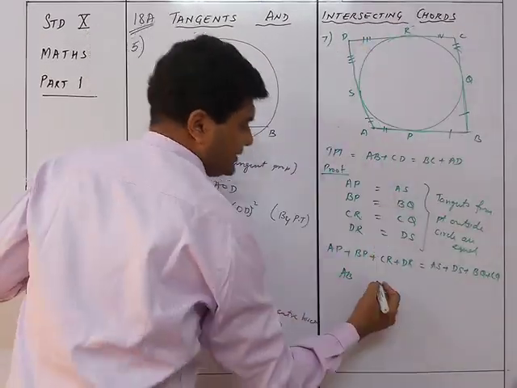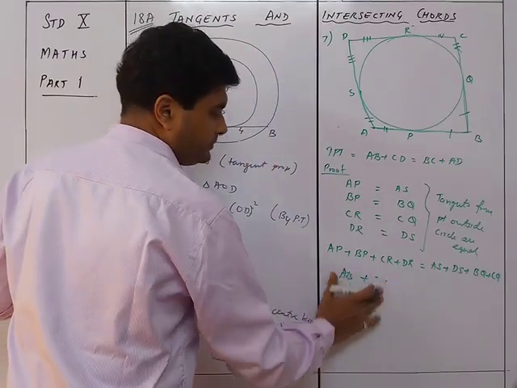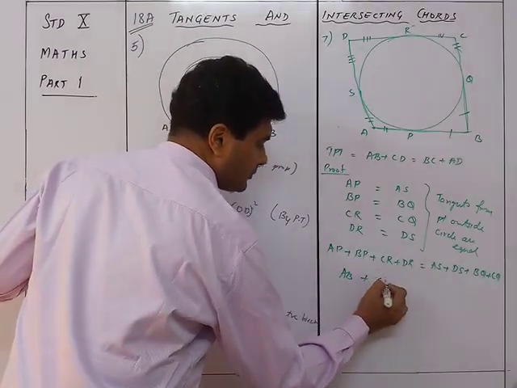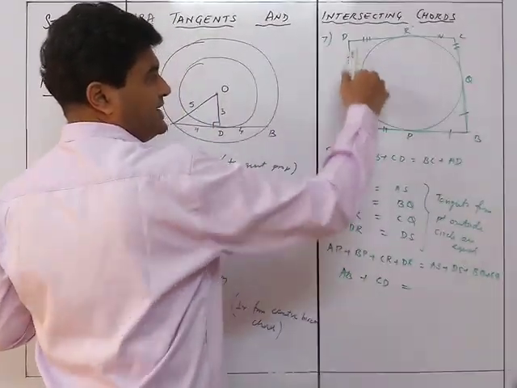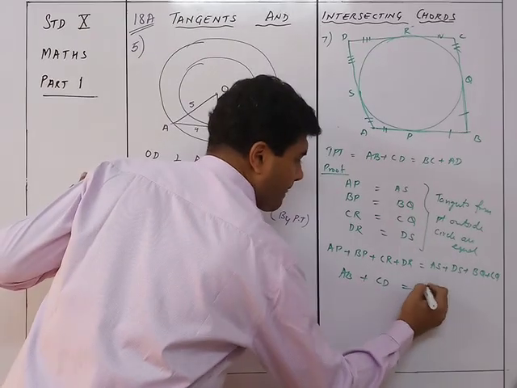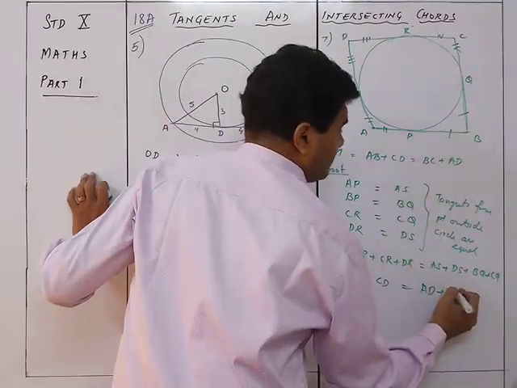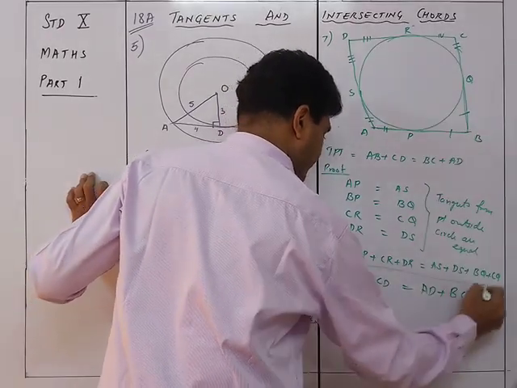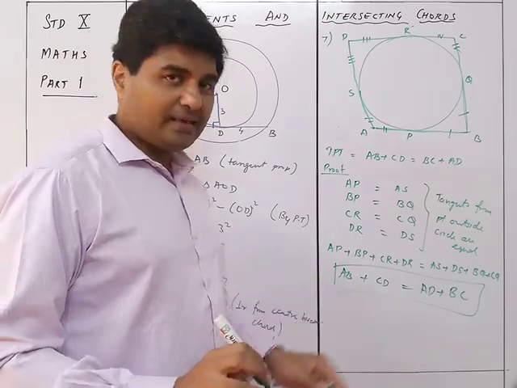CR plus DR is CD. AS plus DS is AD. BQ plus CQ is BC. Hence proved. Yes, done.